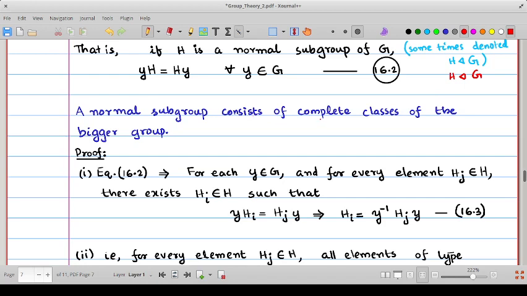A normal subgroup consists of complete classes of the bigger group.